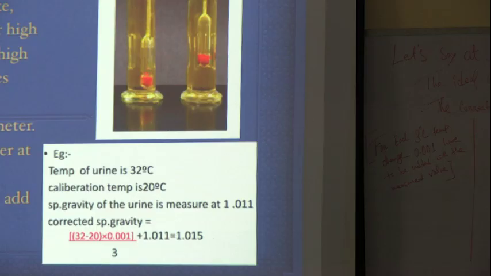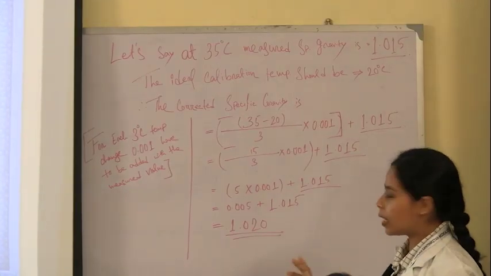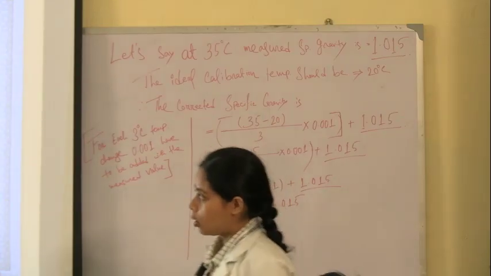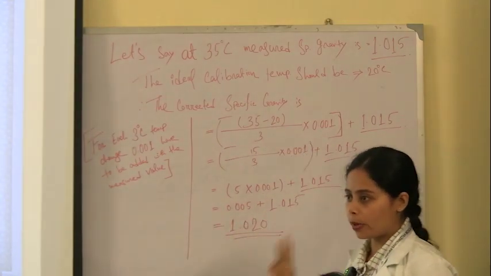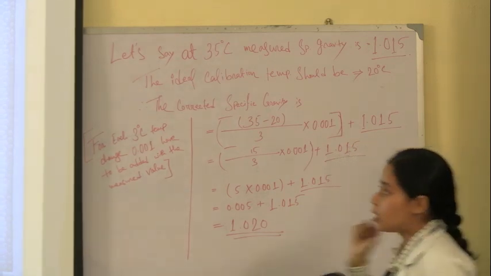The ideal calibration temperature should be 20. So for each 3 degree temperature change, we will add 0.001 to the measured value.